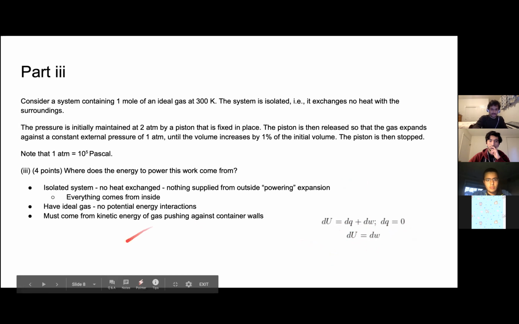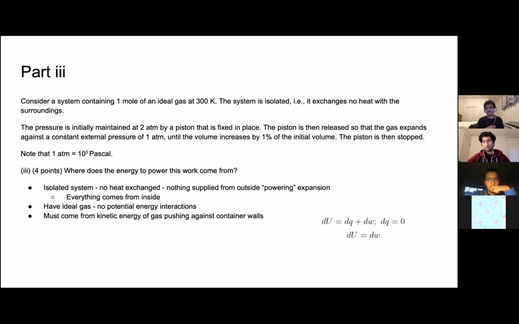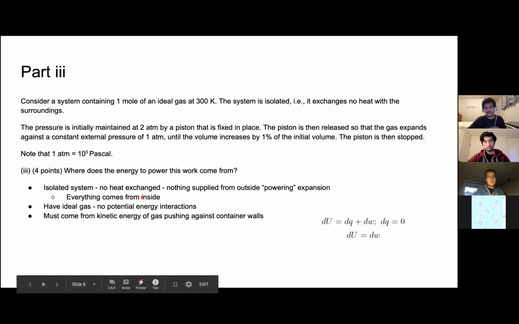And what is inside the system? An ideal gas. And go back through your definition of what an ideal gas is, and you know that there will be no potential energy interactions. That's important. So when we answer this question, we can be as specific as possible and say, this expansion energy must come from the kinetic energy of this ideal gas, just pushing against the container walls, and that's forcing the expansion. So that's how we break down part 3.